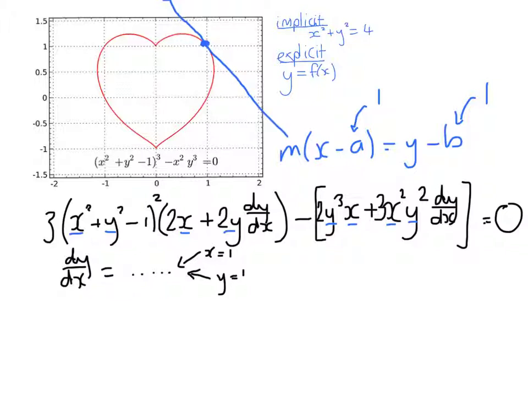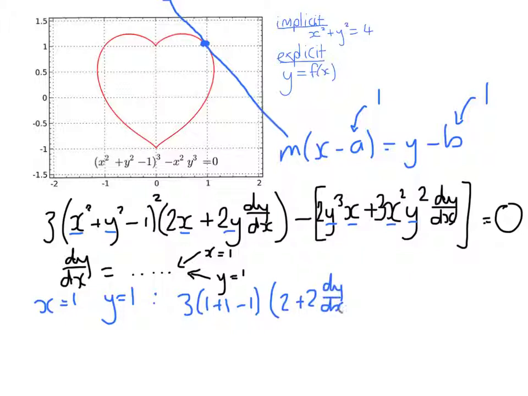So if x is 1 and y is 1, then what do we get? 3 lots of (1 plus 1 minus 1) squared times (2 plus 2 times the gradient) minus big bracket 2 times 1 plus 3 times 1 times 1 times dy by dx equals 0.